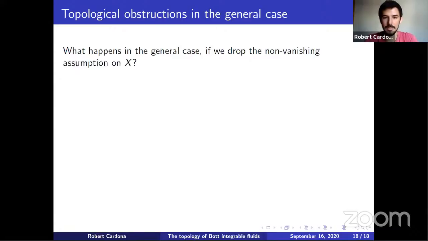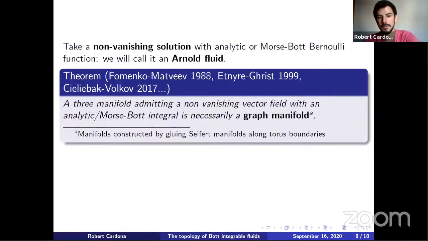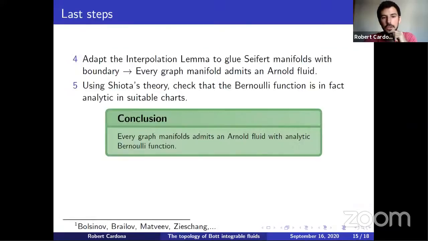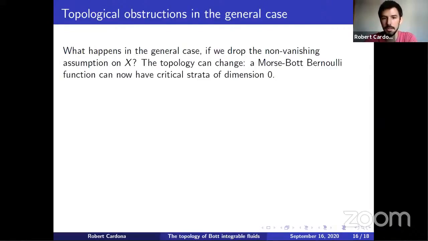It only applies if your solution had no stagnation points. So now we don't know this anymore. A priori, the manifold could be of non-graph type.